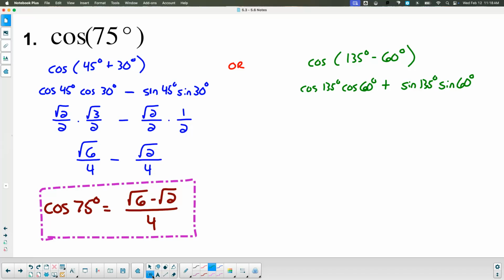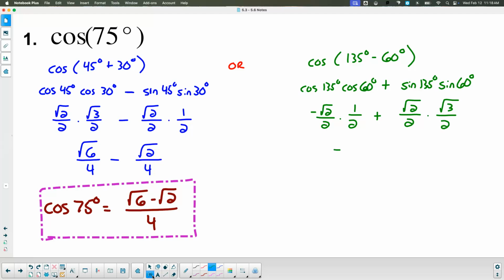The cosine at 135 degrees is negative root 2 over 2. The cosine at 60 degrees is 1/2. The sine at 135 degrees is the square root of 2 over 2. And the sine at 60 degrees is the square root of 3 over 2.